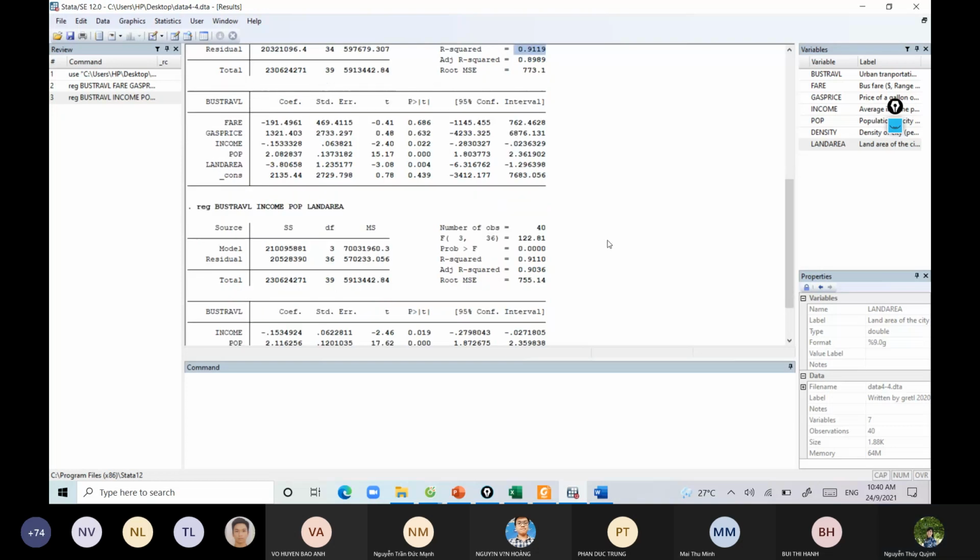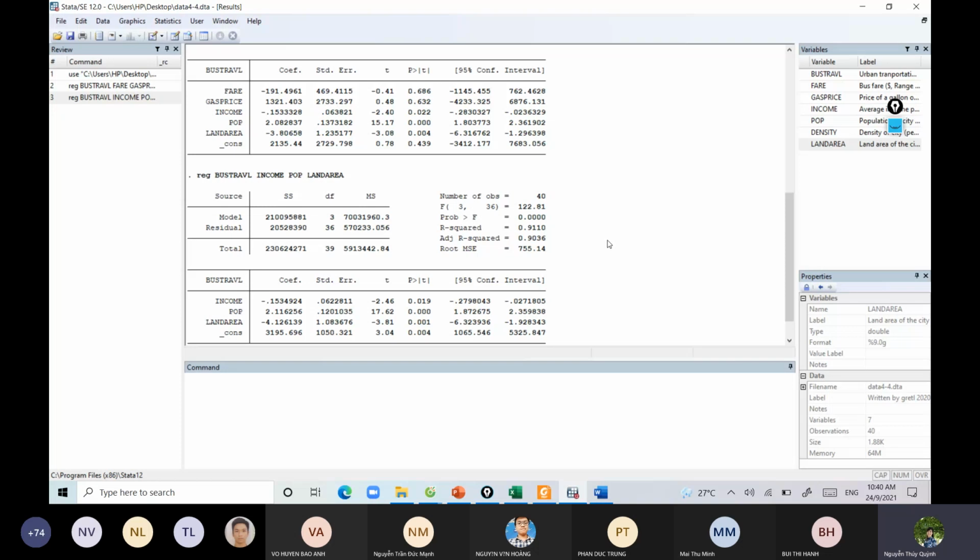So at 5% level of significance, should we leave fare and gas price out of the model? Should we omit them from the model? Please do the test.